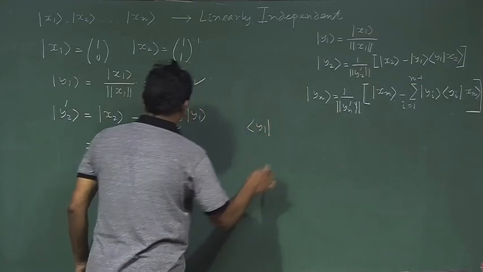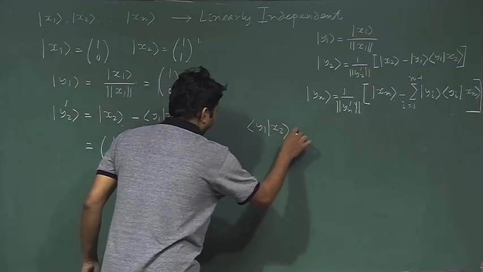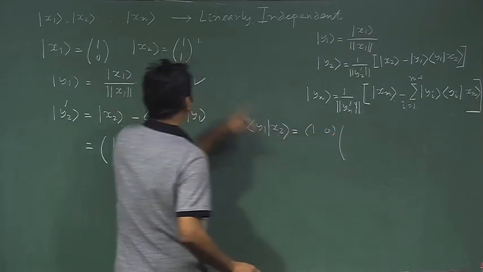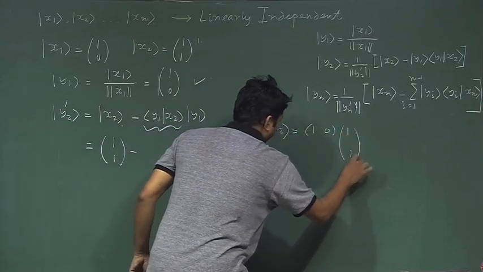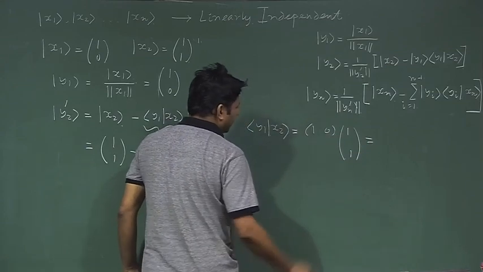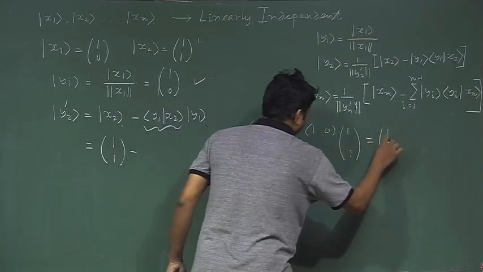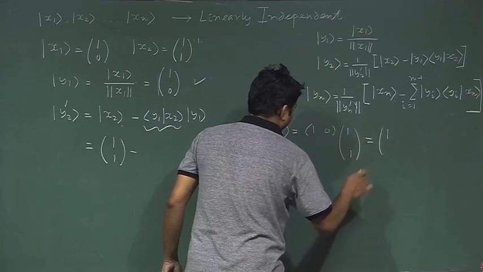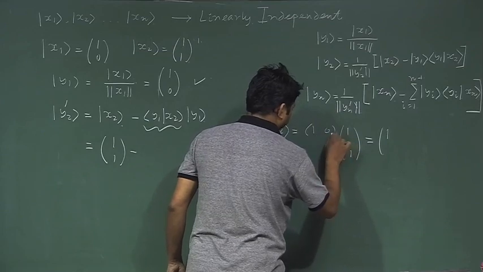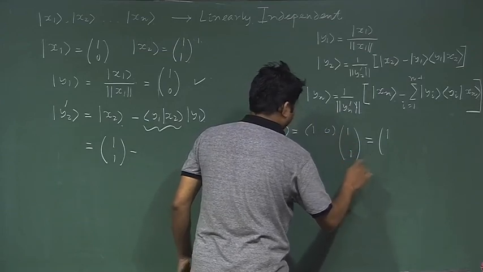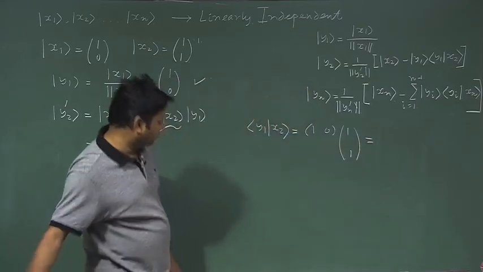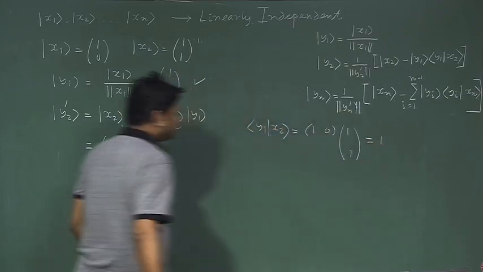So, let me do that here. X2 is 1 1. This gives me simply 1, which will be a scalar quantity, the inner product of these two.